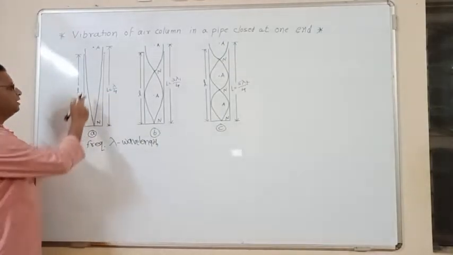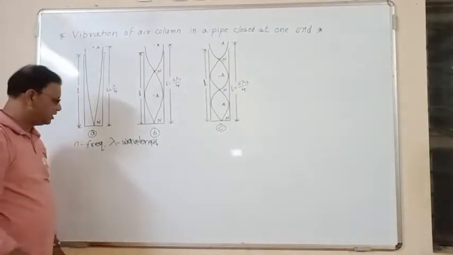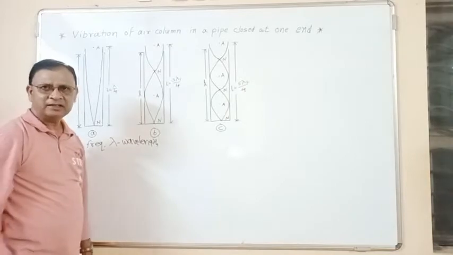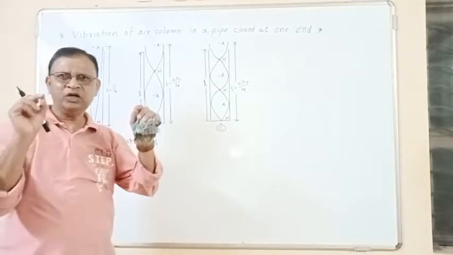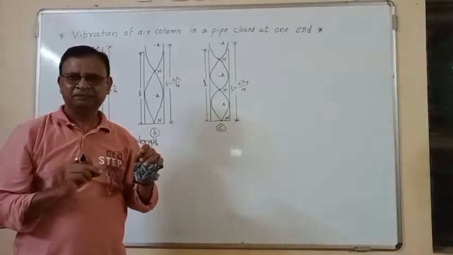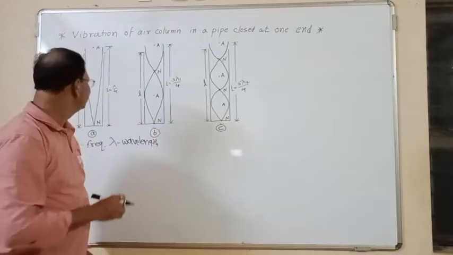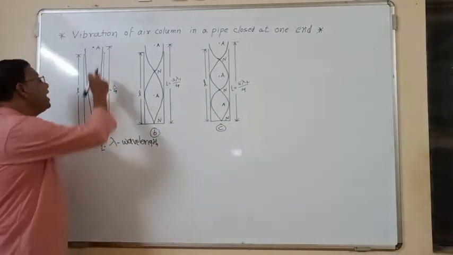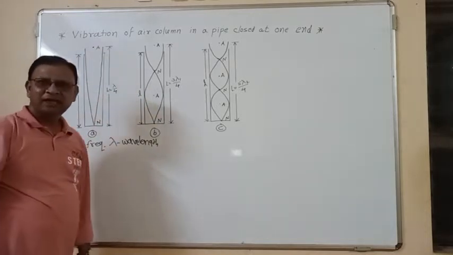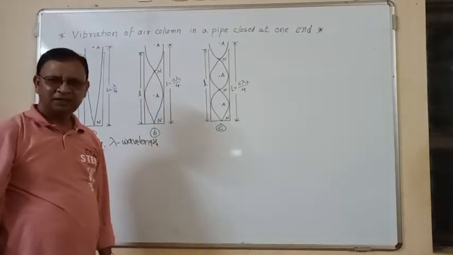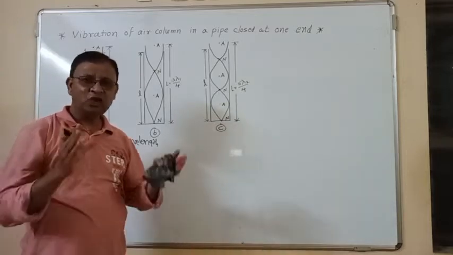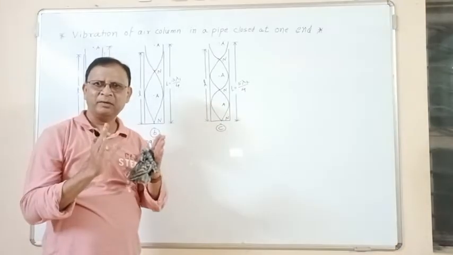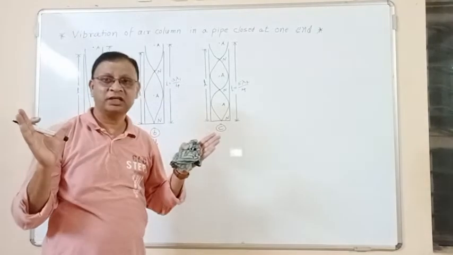The length of one loop, that is the distance between node and node, is lambda by 2, and the distance between node and antinode is lambda by 4. That is, the length of a half loop is lambda by 4. We have seen this in the characteristics of a stationary wave.